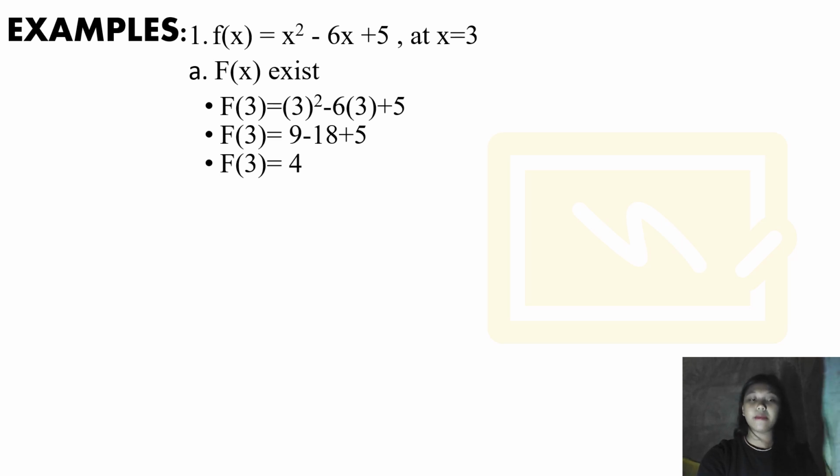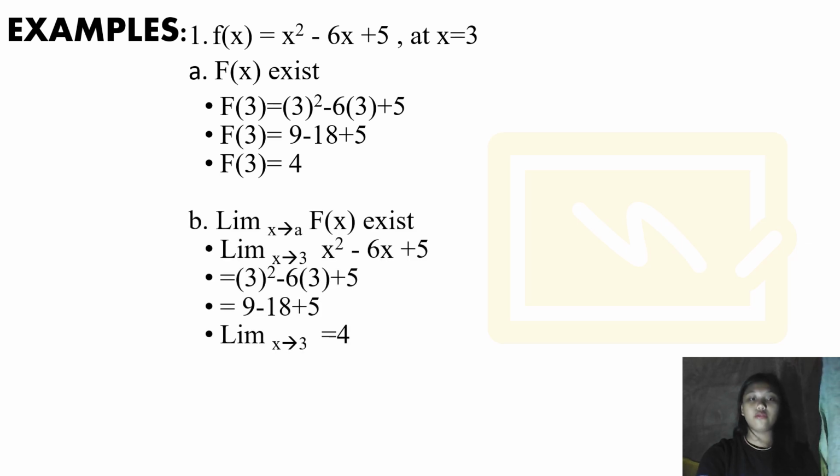The second step is that we identify the limit x approaches 3 of x squared minus 6x plus 5, where here we must also substitute 3 for x, and we get that the limit x approaches 3 is equal to 4.